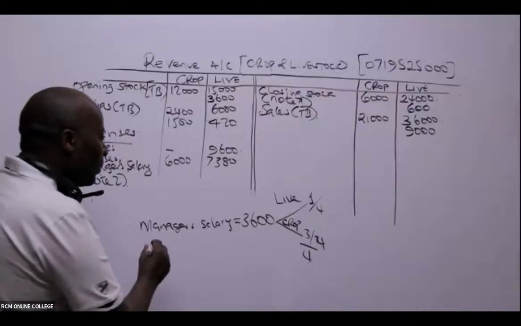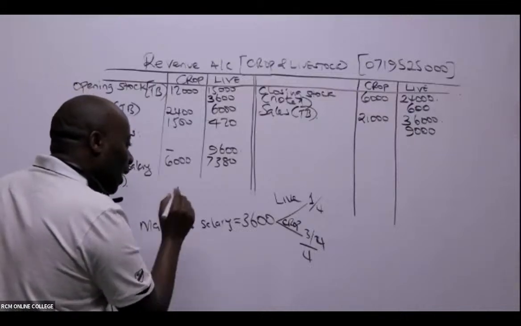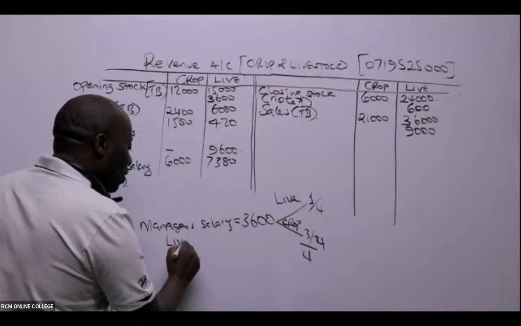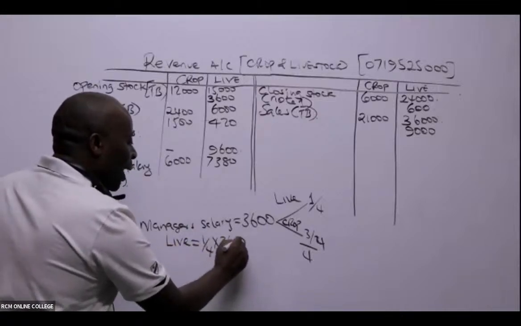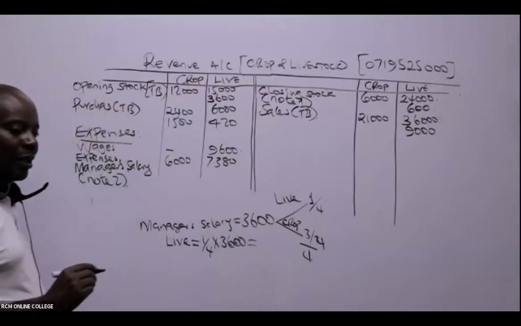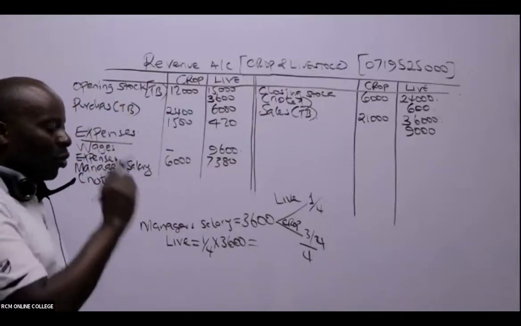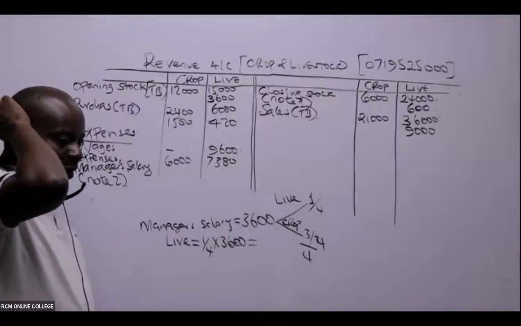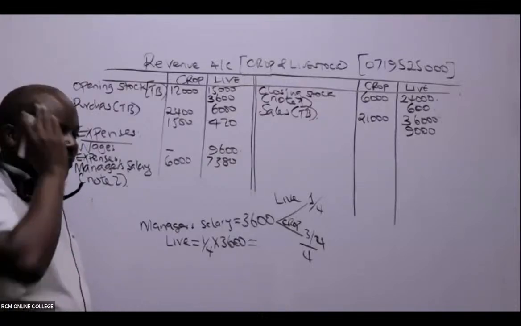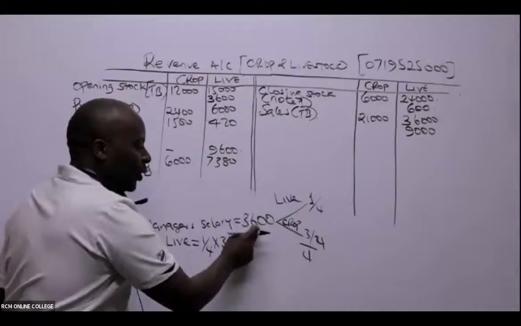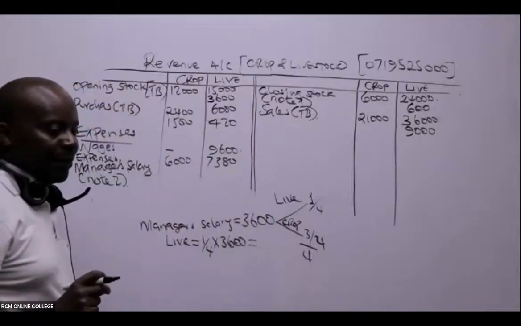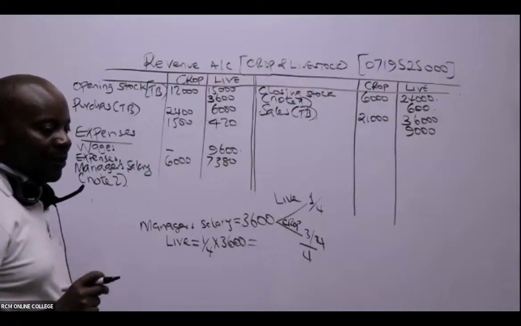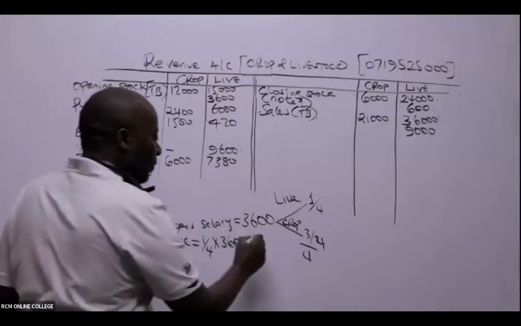So meaning, ladies and gentlemen, that the manager's salary going to livestock will be a quarter of 3,600. Are you able to give me this answer? It's a quarter times 3,600, which is 900.